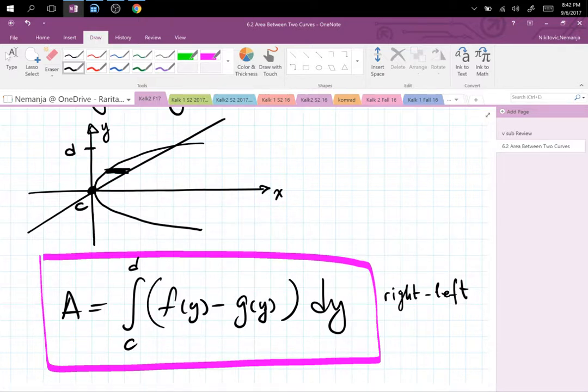The representative rectangle starts at c and goes up to d, filling the space. And it's a right minus left, in our case, y minus y squared. So it's possible to deal with problems like that as well.